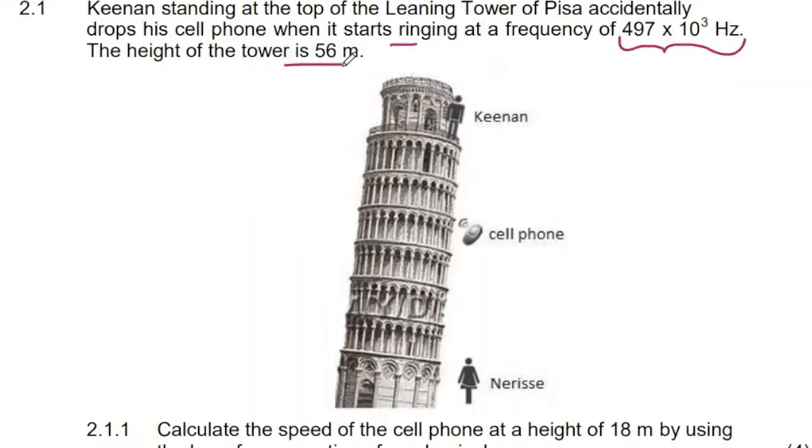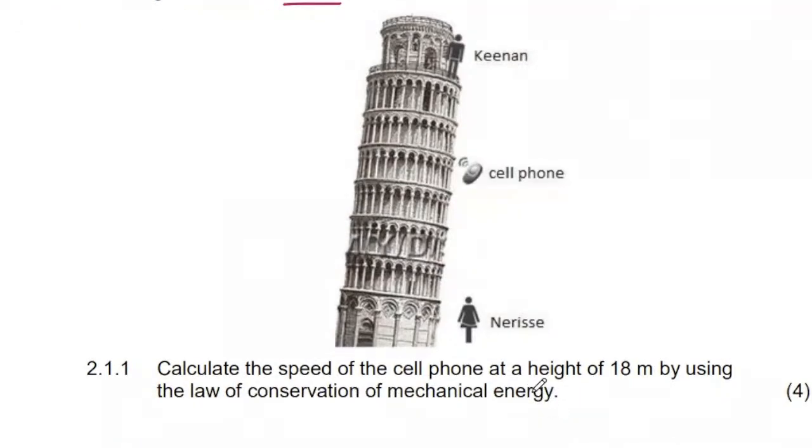The height of the tower is 56 meters. So shall I assume that the tower is straight, upright, vertical, not bent? Okay, then 2.1.1, they're asking us to calculate the speed of the cell phone at a height of 18 meters.